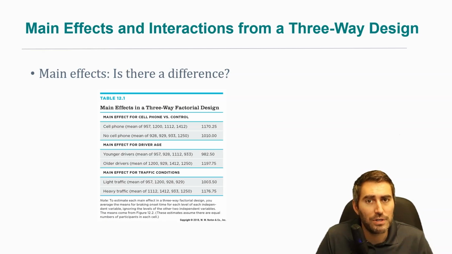Drivers brake more slowly in the cell phone condition than in the control condition. Older drivers brake more slowly than younger drivers, and drivers are slower to brake in heavy traffic than in light traffic. Thus, there are main effects of all 3 independent variables: cell phone condition, driver age, and traffic condition.